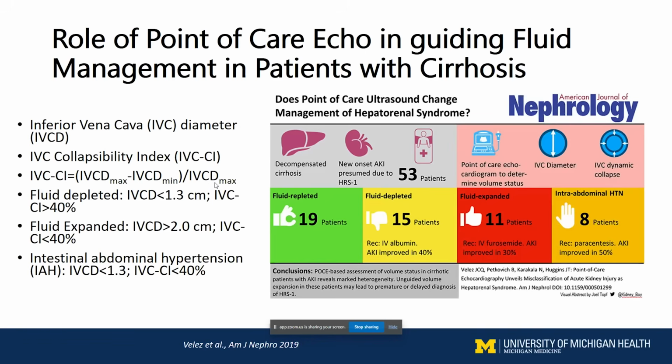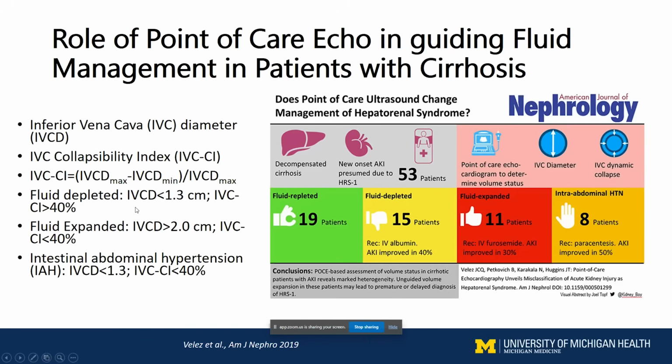They defined volume depleted as IVC diameter less than 1.3 centimeter with IVC collapsibility of greater than 40%. Fluid expanded was IVC diameter greater than 2 centimeter and IVC collapsibility less than 40%. And intra-abdominal hypertension was IVC diameter less than 1.3 and collapsibility less than 40%.